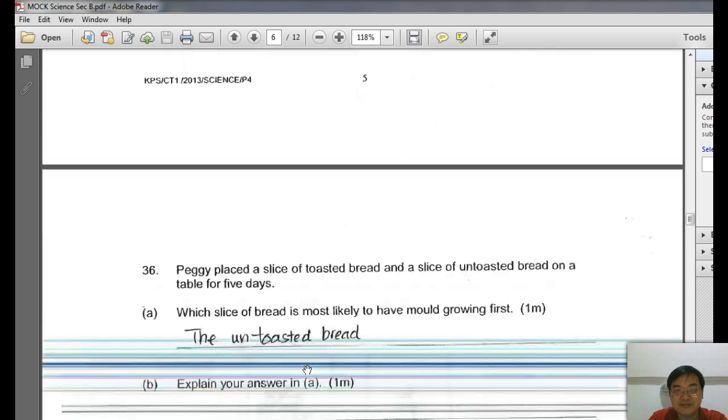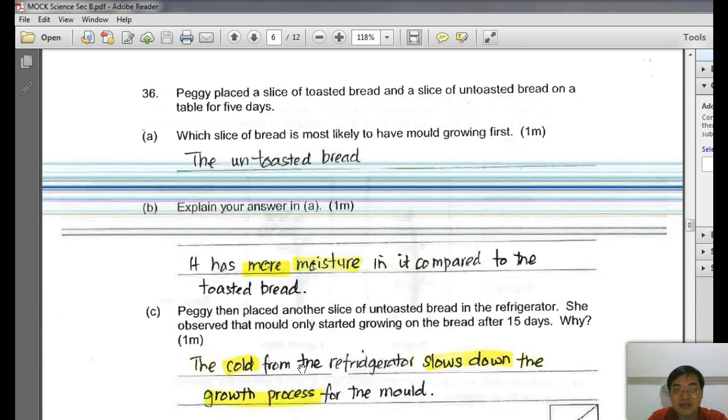Next. Peggy placed a slice of toasted bread and a slice of untoasted bread on the table for 5 days. Which slice of bread is most likely to have mold growing? In order for mold to grow, you need to have water.